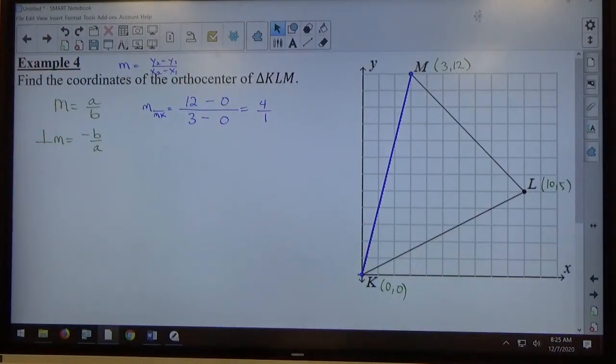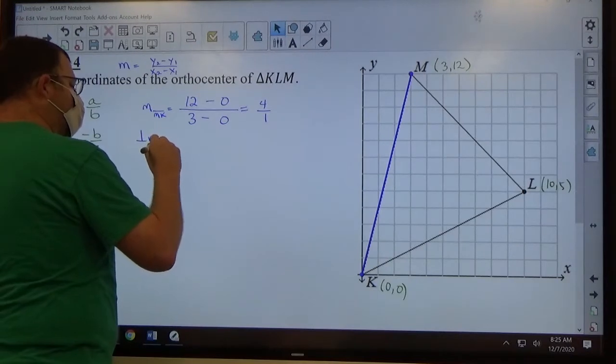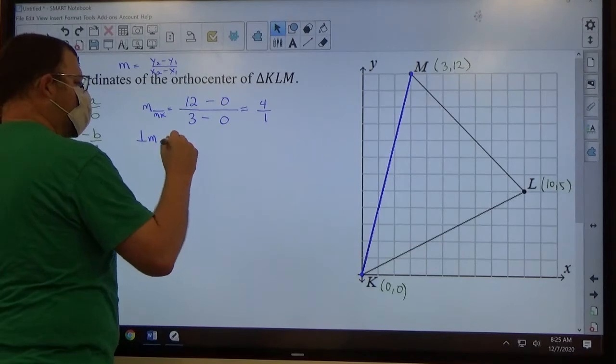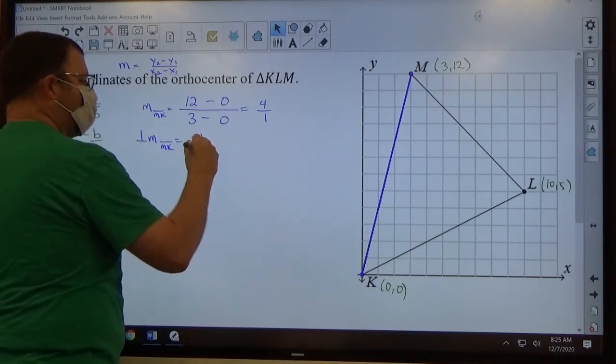So if the slope of MK is 4 over 1, the perpendicular slope to MK is going to be the opposite reciprocal. That's positive 4 over 1, so this is going to be negative 1 over 4.